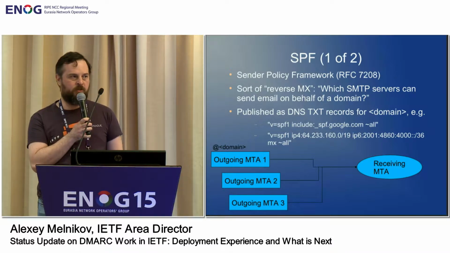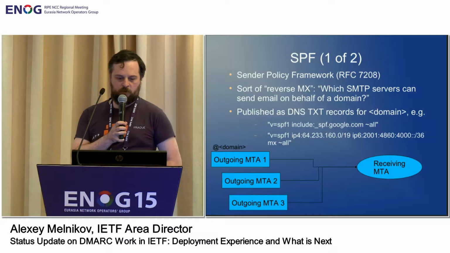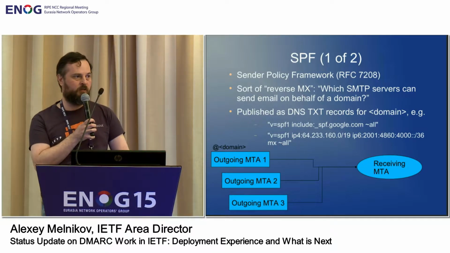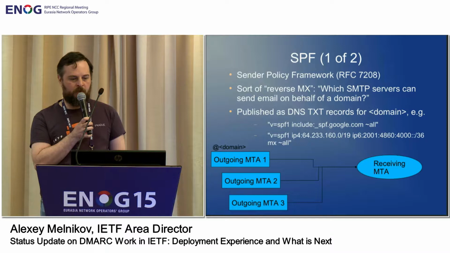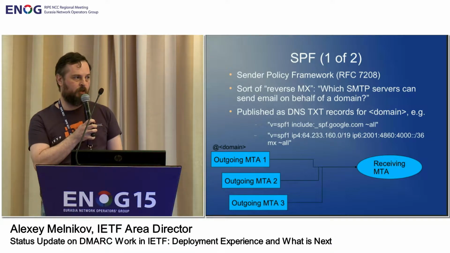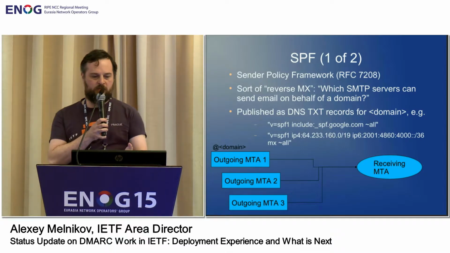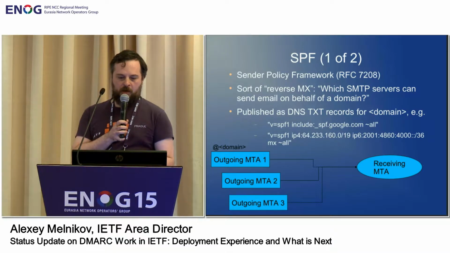And you publish DNS TXT records that specify which MTAs are allowed to send mail. There is a special language. It starts with the version field to distinguish it from other types of DNS records. You can specify IPv4 blocks, IPv6 blocks. You can say that all the servers designated as MX exchangers can also send the mail out, and there is a mechanism for including other records. So there is a bit of recursion here.